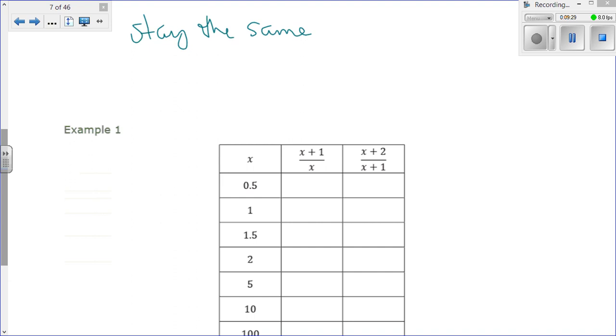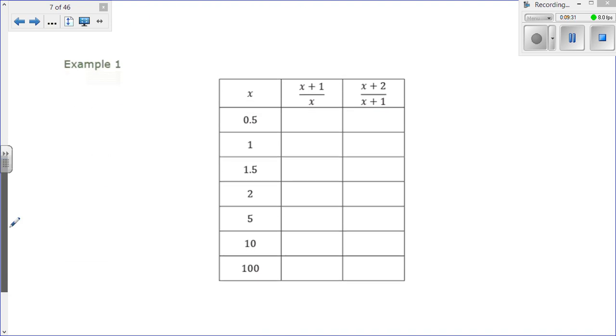Okay, for example 1, we're just going to fill out the chart together, and then in class we'll pick up with the rest of the activity that goes along with this.